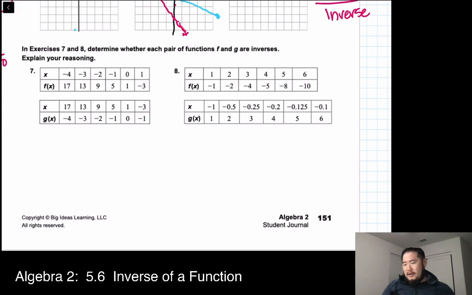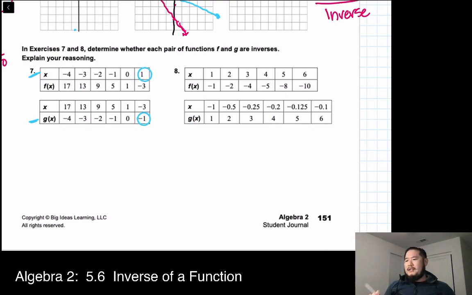So let's take a look at, first off, here's x. We got 4, -3, -2, -1, 0, and 1. And if I look right here, I've got for g, -4, -3, -2, -1, 0, and right here, take a look at that. Are those two exactly the same?